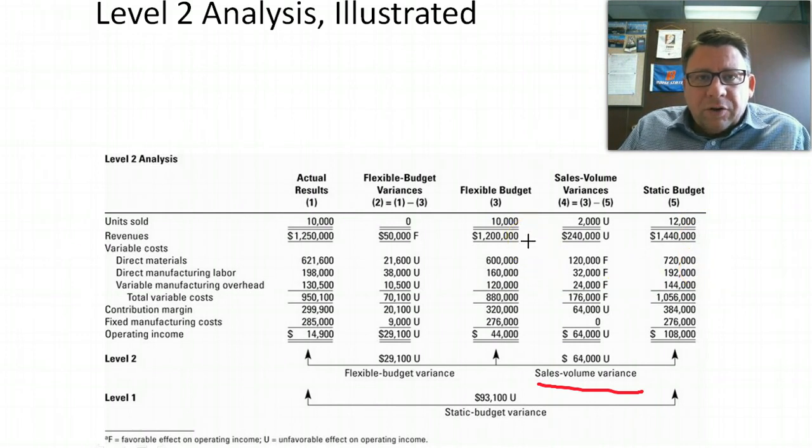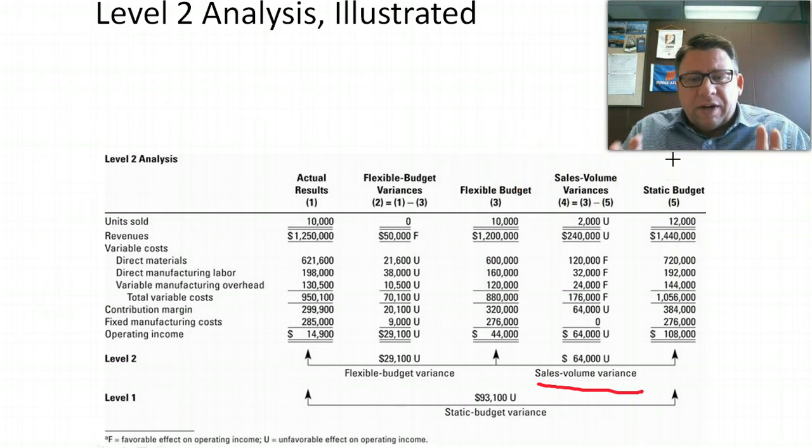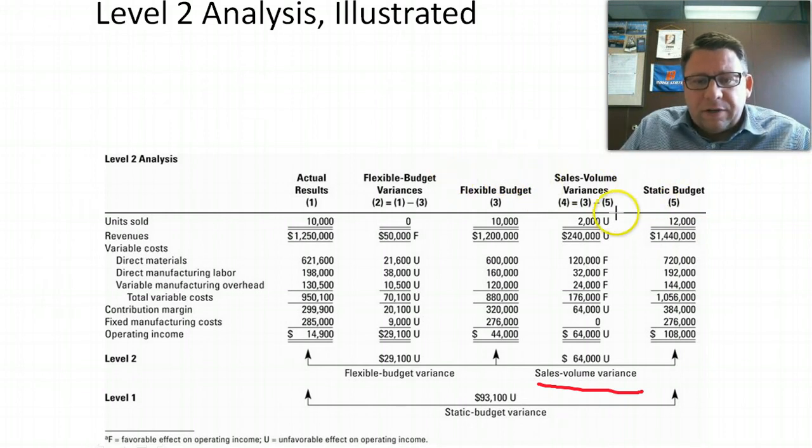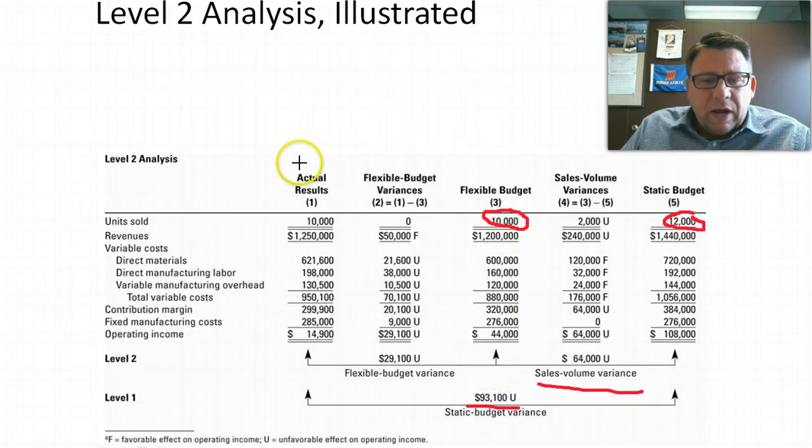Remember, our price was $120. So $120 times 10,000 is 1.2 million. $120 times 12,000 units is 1,440,000. So the cost and price per unit is no variance here. The only variance is that. So how much of our total variance was caused by the different amount of sales? It's 64,000. Okay, now let's come over and look at the flexible budget variance.